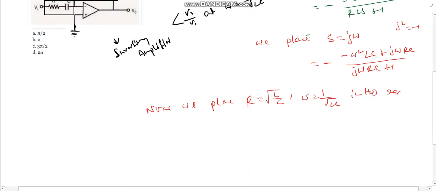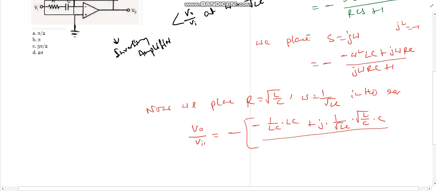So V0 by Vi equals minus, omega square means 1 by LC, so 1 by root LC whole square into LC, plus j omega, which is 1 by root LC, into R, which is root L by C, into C, divided by j omega, which is 1 by root LC, into root L by C into C, plus 1.